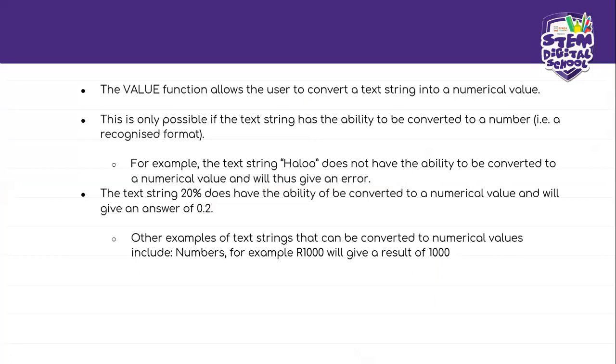How do we use the value function? It is used to convert a text string into a numerical value. This is only possible if the text has the ability to be converted to a number.